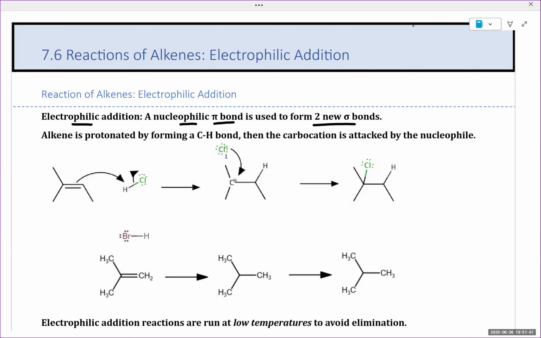In the most common type of electrophilic addition, which is hydrohalogenation, the alkene is protonated by forming a carbon-hydrogen bond, then the carbocation is attacked by the nucleophile. So in the first step, we protonate the alkene, and then the carbocation gets attacked by the nucleophilic halide ion. Because carbocations are so reactive, your nucleophile can be quite weak.